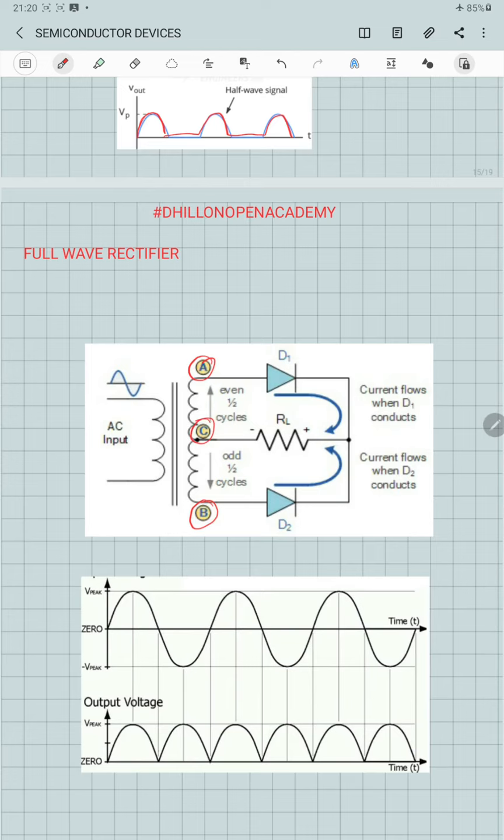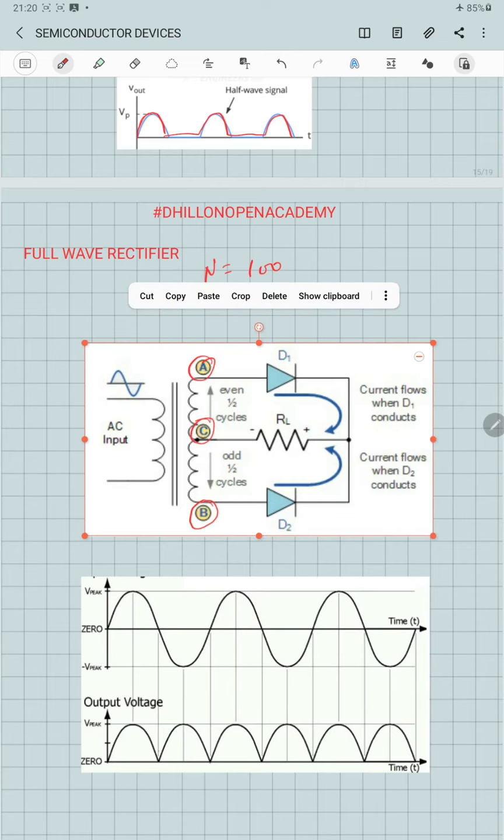This means that if we suppose that a secondary has a total of 100 turns, then the wire which is used as the secondary coil of this particular transformer, A corresponds to one end of that wire, B corresponds to the last end of that wire.